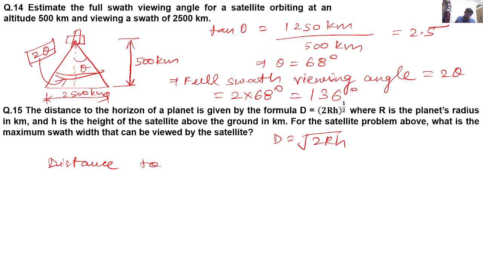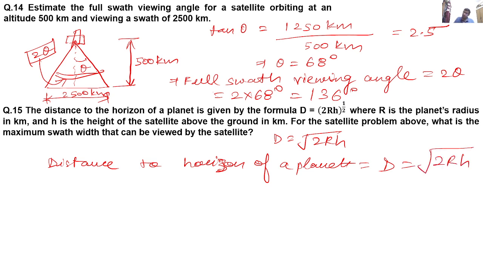So the distance to the horizon of a planet, let us suppose it's D, is given as the square root of 2RH. I will be deriving it in just a few moments, but they have already given you the formula.